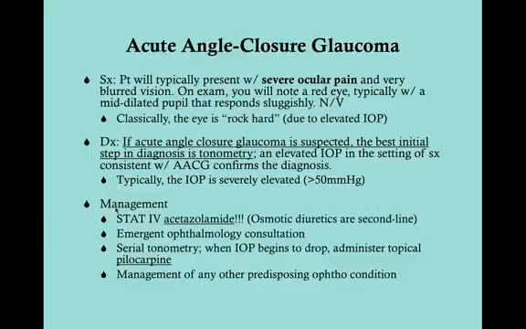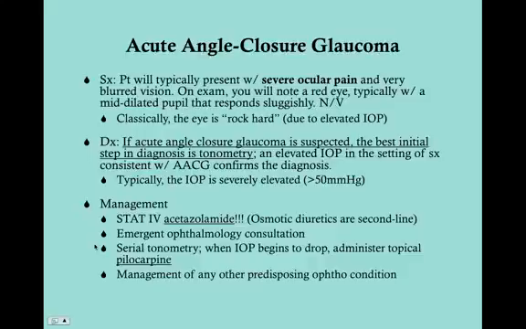So we give acetazolamide. Acetazolamide is a carbonic anhydrase inhibitor, and this pulls aqueous faster into the veins. And by doing that, you drain the chambers. If this does not help, then there are second-line agents that you can use, like osmotic diuretics, urea, and so forth.